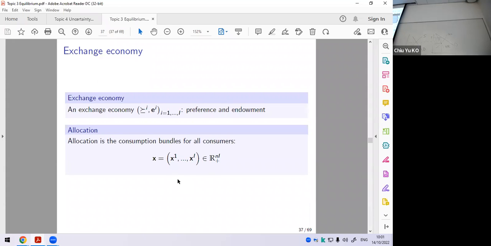If everyone already had a satiation point, then you wouldn't have this model. X is what consumers have in the end. This is the allocation to the consumer.